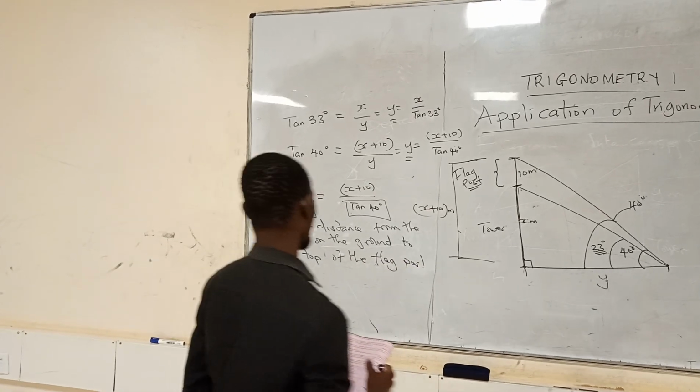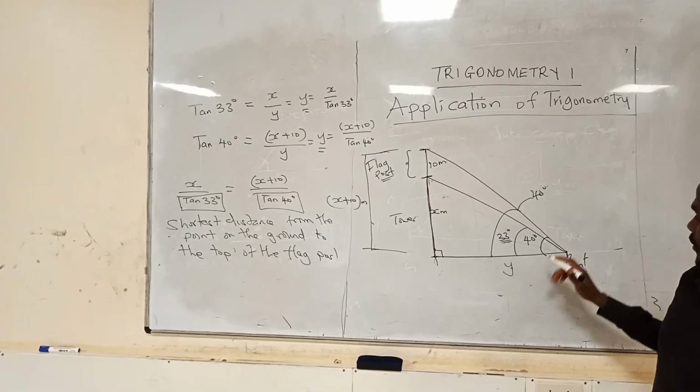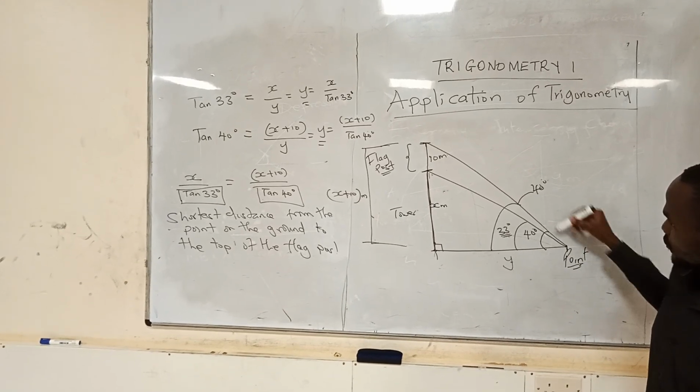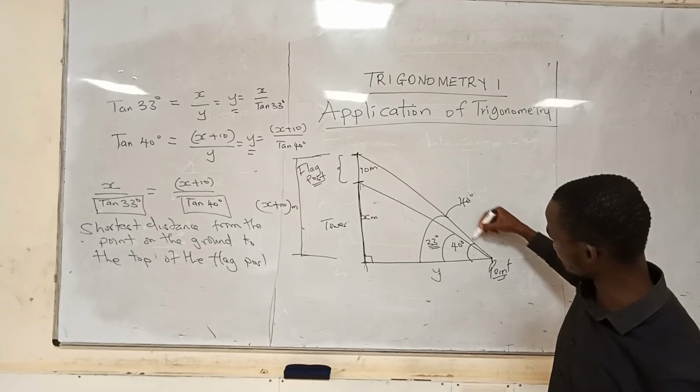So the shortest distance from the point on the ground. You have that point here on the ground. So they want from this point to the top. So actually this is what they want.